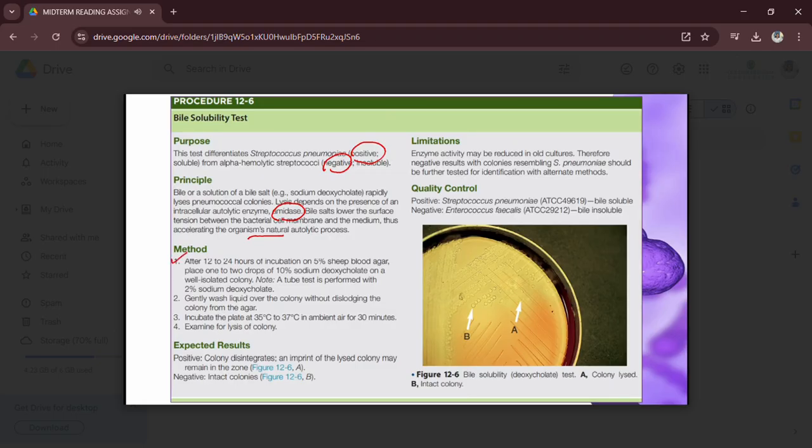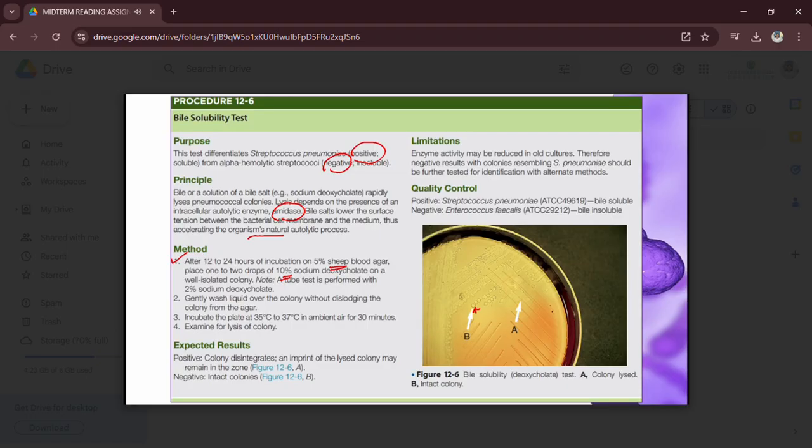First, after 12 to 24 hours of incubation ng ating media, which is 5% sheep's blood agar, we will place 1 to 2 drops of 10% sodium deoxycholate on a well-isolated colony. So, example, meron tayong colony like this, no? So, the colony, papatakan po natin siya ng 1 to 2 drops daw ng 10% sodium deoxycholate.